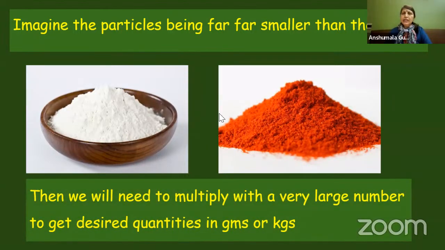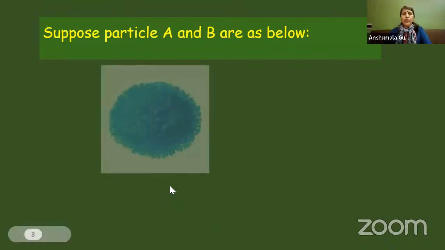Still, you can use the same strategy, except that you multiply with a very, very large number. I mean, 1,000 will not do. You may need to multiply by 10,000 or 1 lakh or 10 lakh or whatever. You want the weight in some desired number of grams or kgs so that it's a convenient weight, right? So that's what we are going to do.